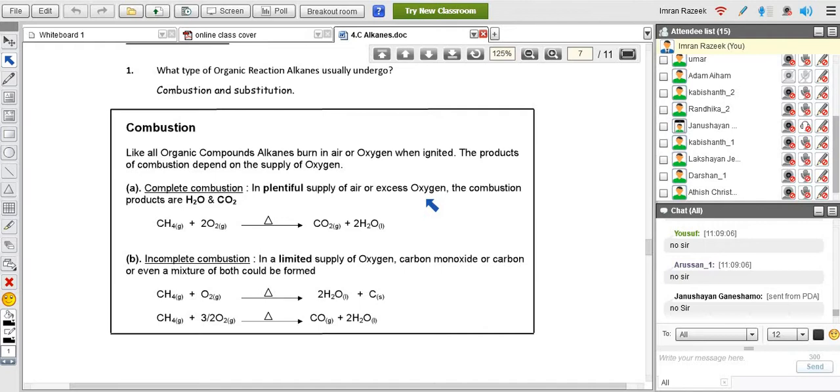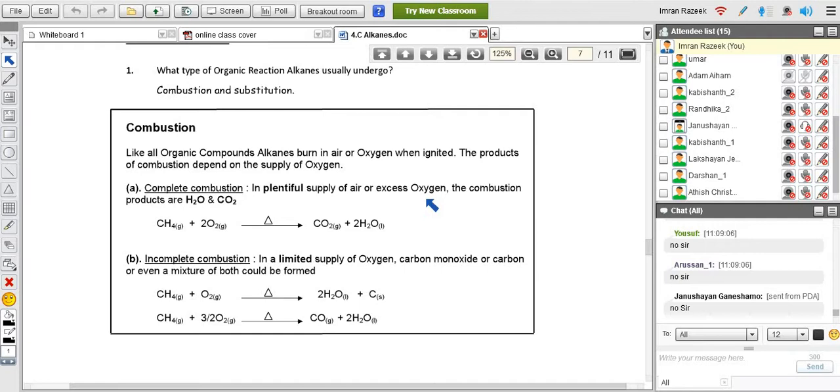But if you have a plentiful supply of oxygen, then the products will be carbon dioxide plus water. So the products of the combustion reaction depend on the supply of oxygen.